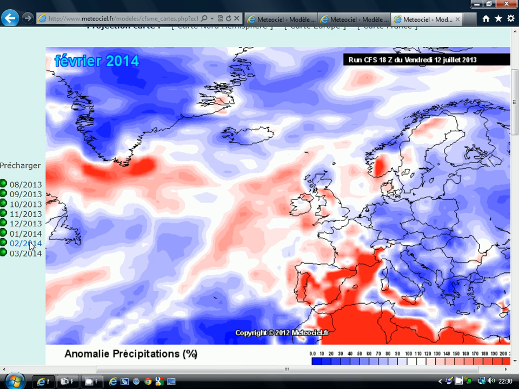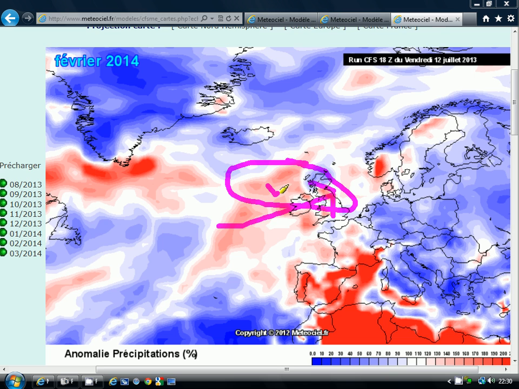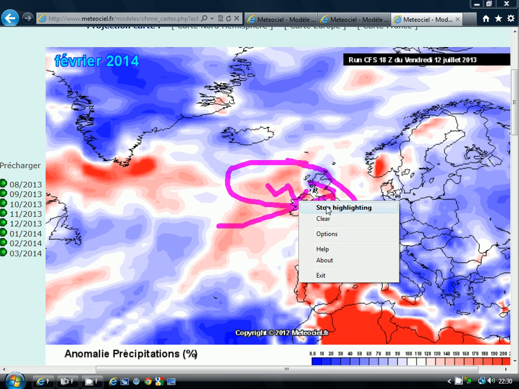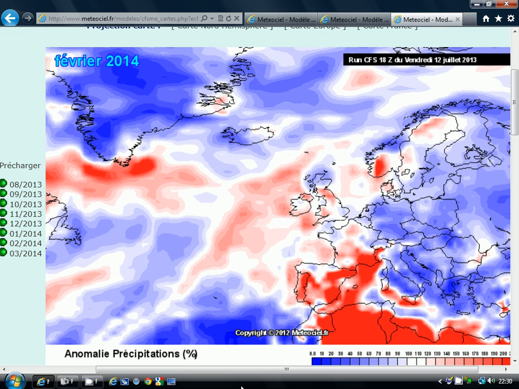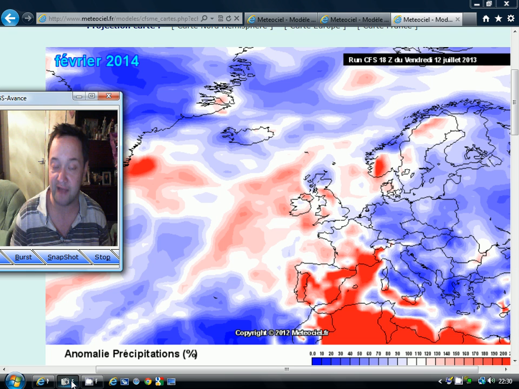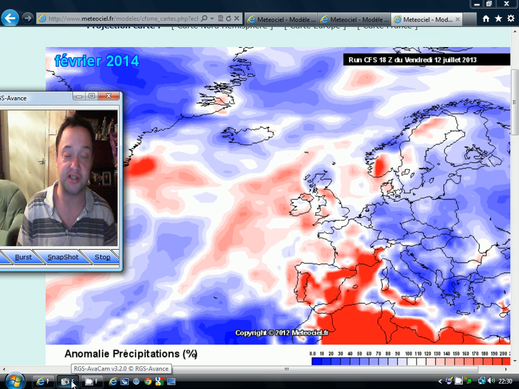And then for February, actually the precipitation comes back up, and the reason that's happening is that the westerlies are returning. We've got low pressure coming in across the country, something like that, with the jet stream going something like that, and that is bringing quite a bit of precipitation with it through February as the blocking eases away to the east and the north. So very interesting signals from the CFS model.